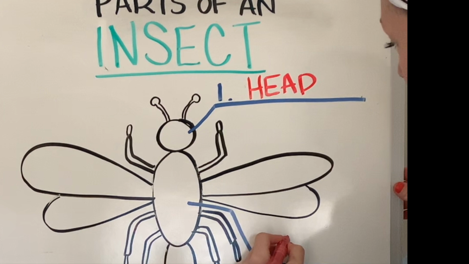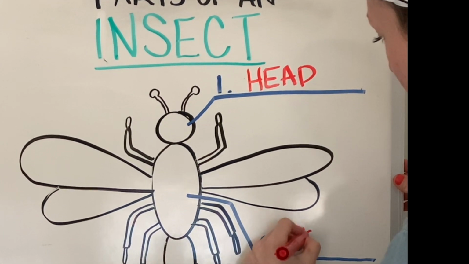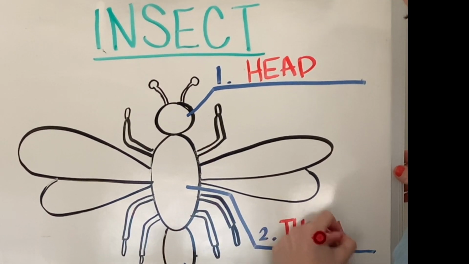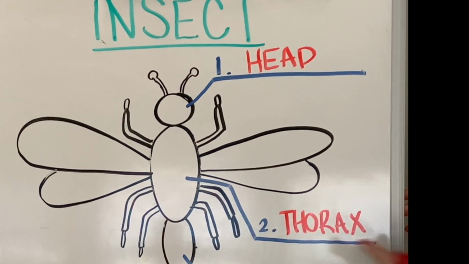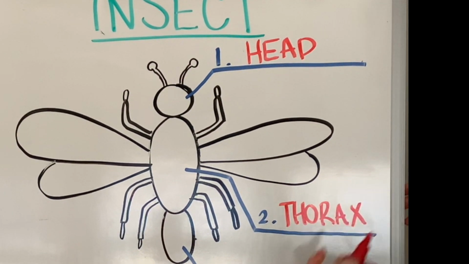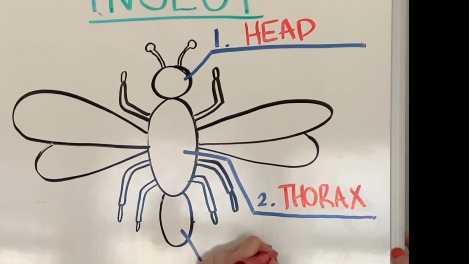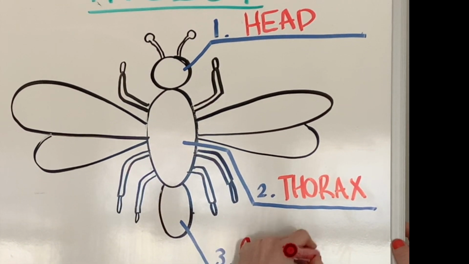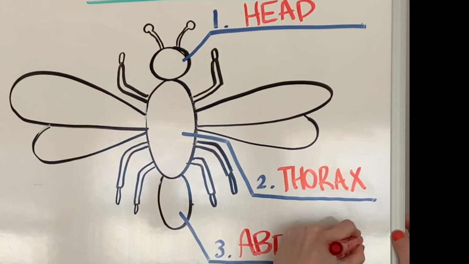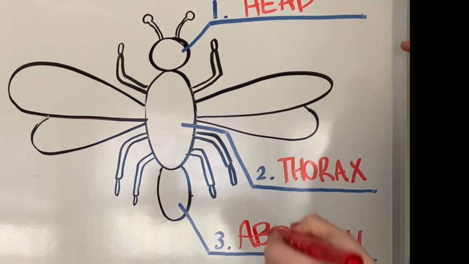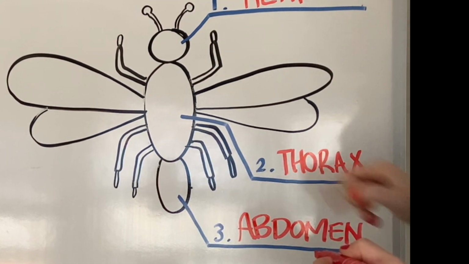the thorax, and the abdomen. So these are the three main parts of the insect: head, thorax, abdomen.